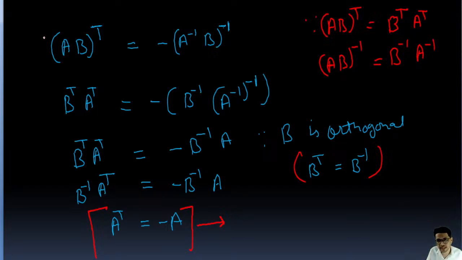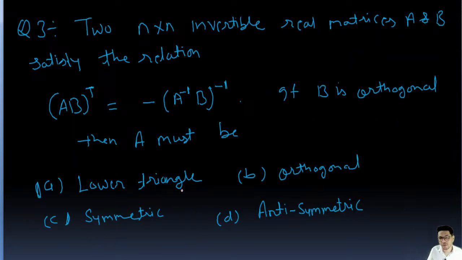This implies this is an antisymmetric matrix, because transpose of A is minus A. So which option is matching? Option D is the correct option. I hope you have understood it. Next question, I'm going to solve it.